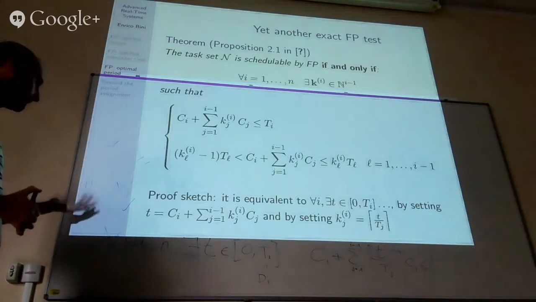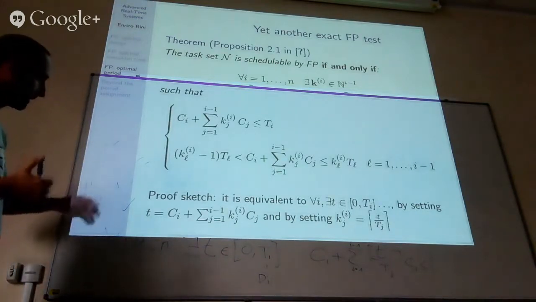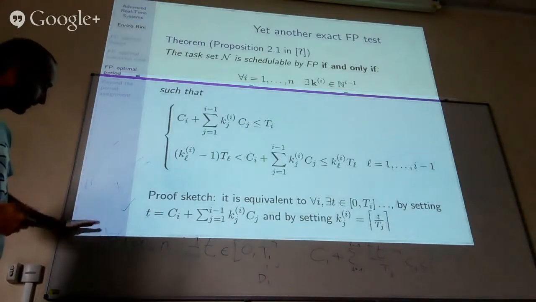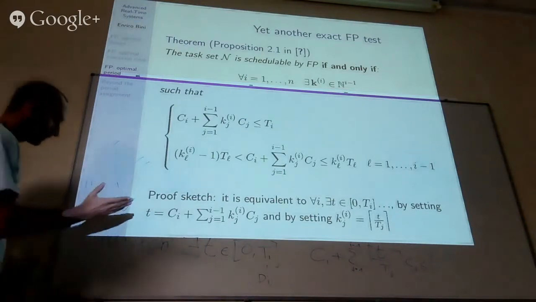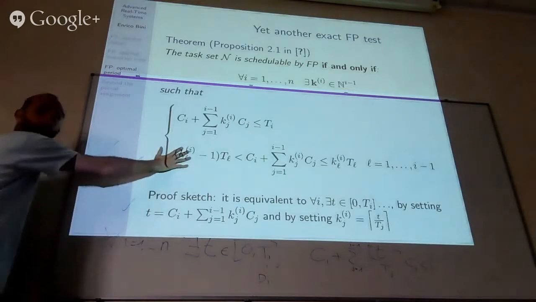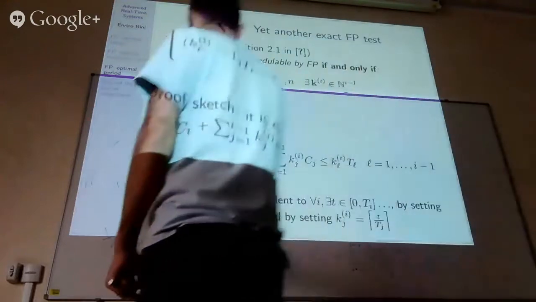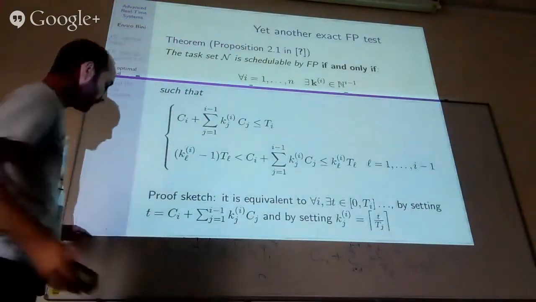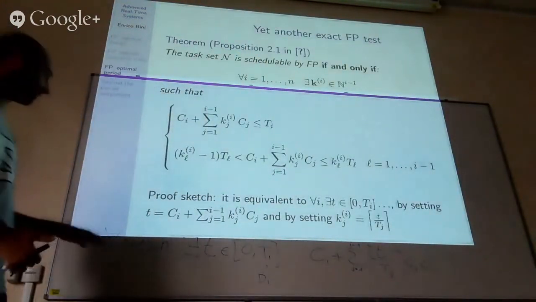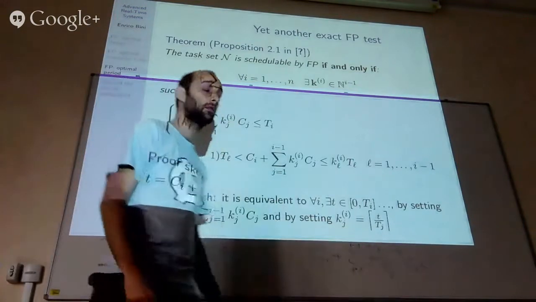Let's see how much time I have. I want to start by showing you that if this is true, then the projected one is also true. How does it work? If this is true, it means that for all tasks, there exists a t such that this happens.